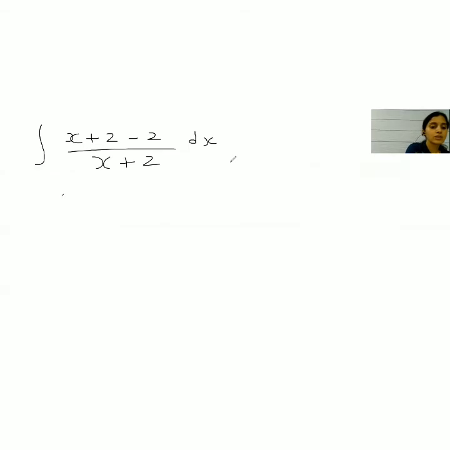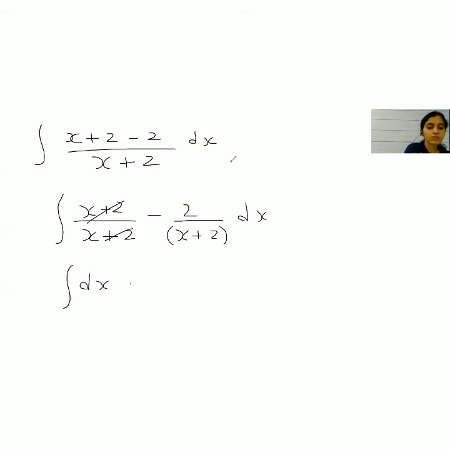I'm going to separate the denominator, that is x plus 2 upon x plus 2 minus 2 upon x plus 2, dx. This will become 1. So integration of dx minus integration of 2 outside 1 upon x plus 2, dx.